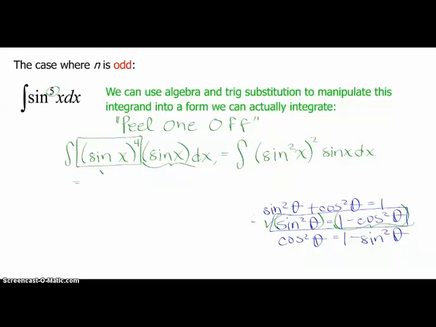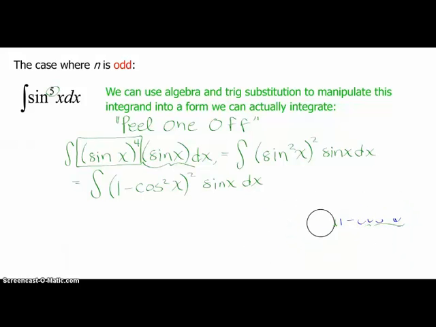So what I'm after, I haven't done any calculus yet. What I'm after is simply using substitutions to try to get myself into a position where I can use u substitution to evaluate the integral. And I'm pretty much there.